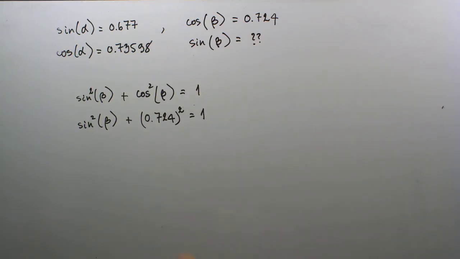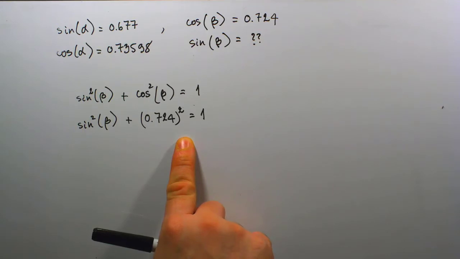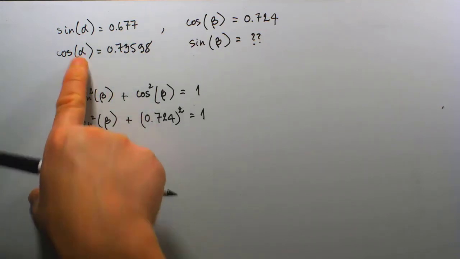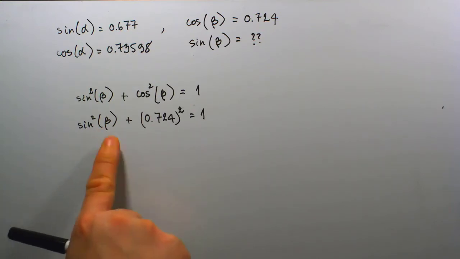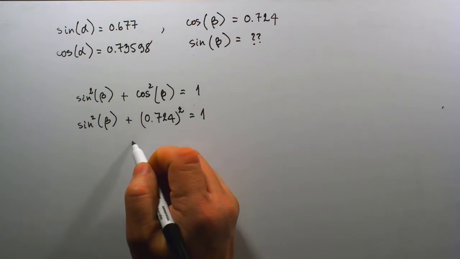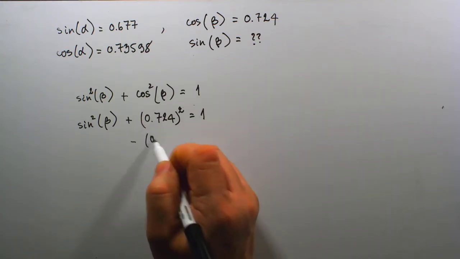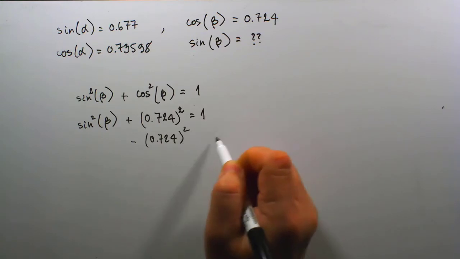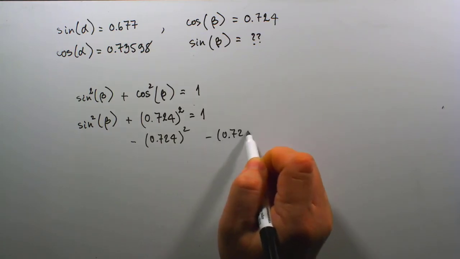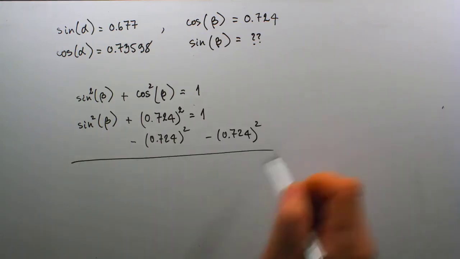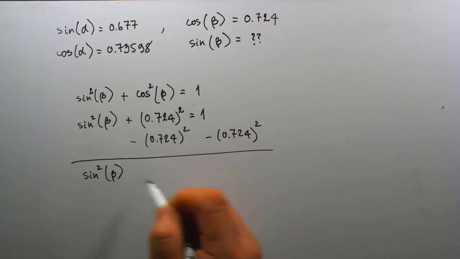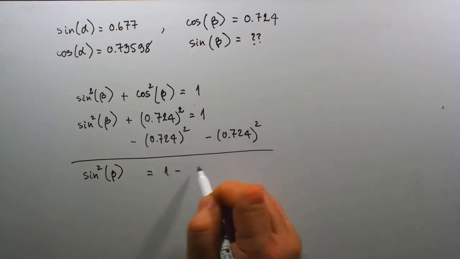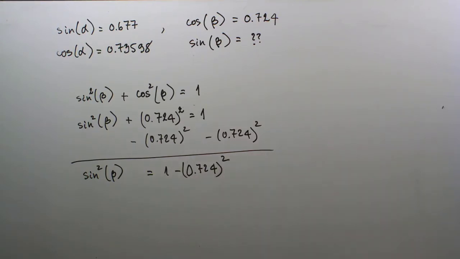Very similar to the earlier work we saw when solving for cosine of alpha, here I'm going to solve for sine of beta. But before that, we must solve for sine squared of beta first. We can get that by subtracting 0.724 squared from both sides. That gives me a final equation: sine squared of beta equals 1 minus 0.724, all squared.